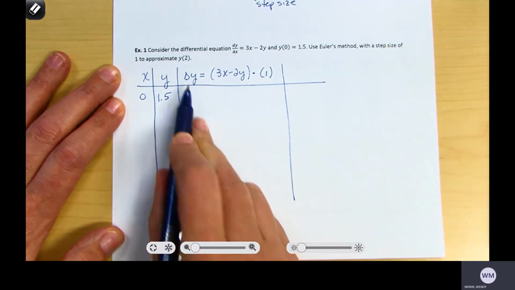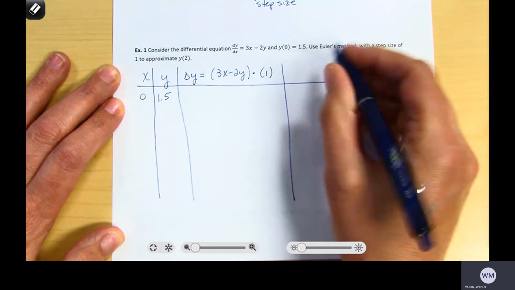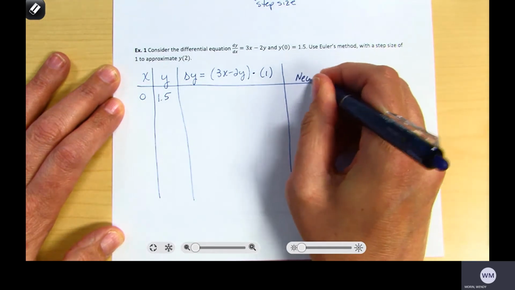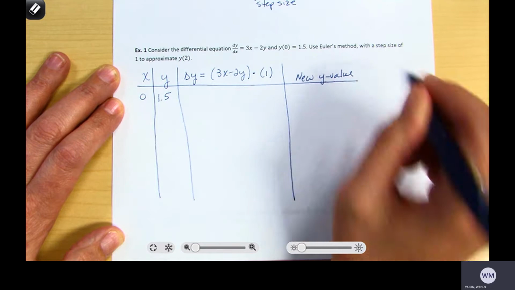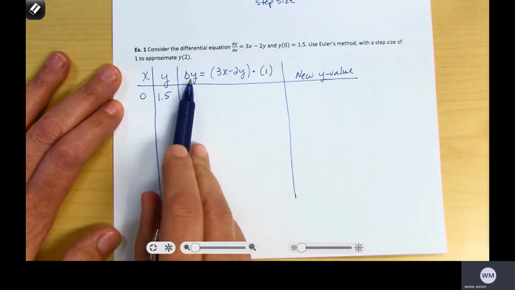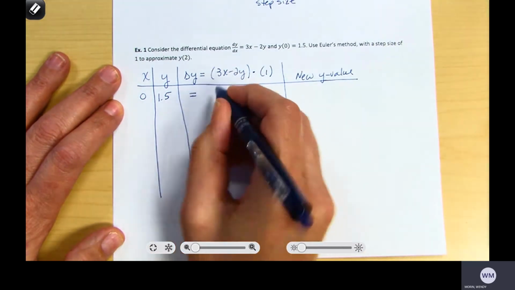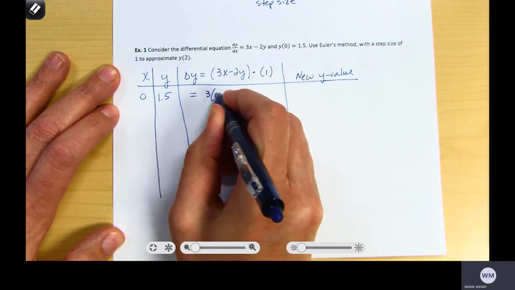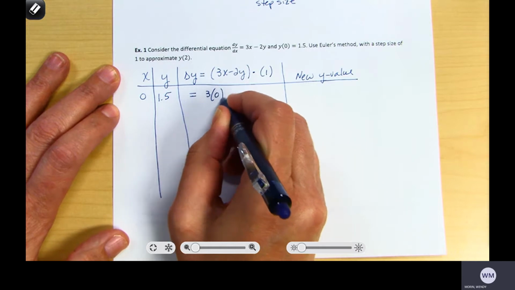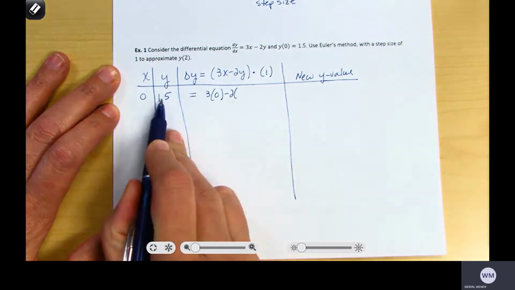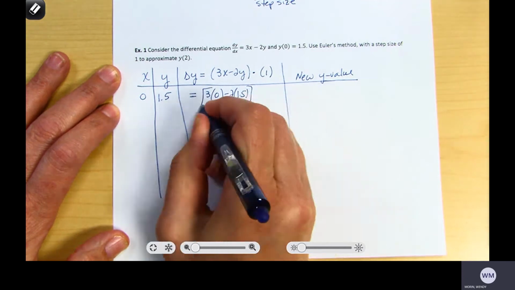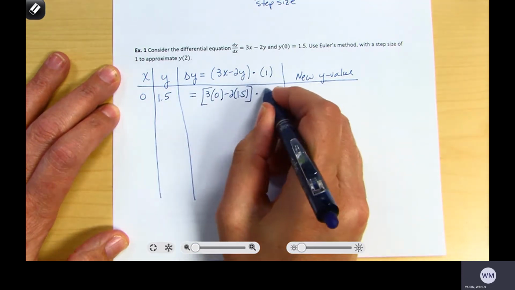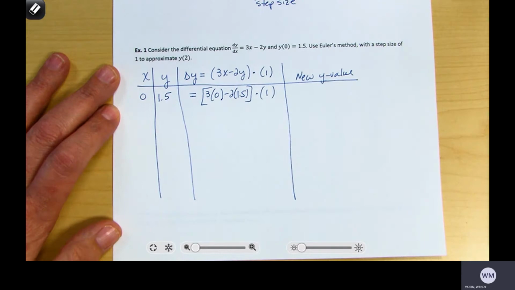And then using that change in y, we can find the new y value. All right, so let's go ahead and calculate our change in y. It's 3 times the x value minus 2 times the y value, and all of that is going to be multiplied by our step size, which in this case is 1. Okay?